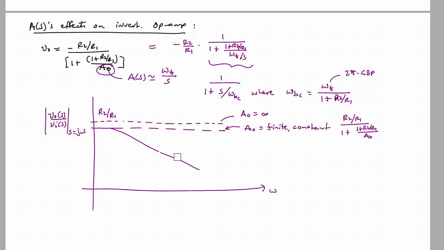And this corner frequency now is going to be omega BC, and it is equal to 2 pi times the gain bandwidth product divided by the gain, 1 plus R2 over R1.